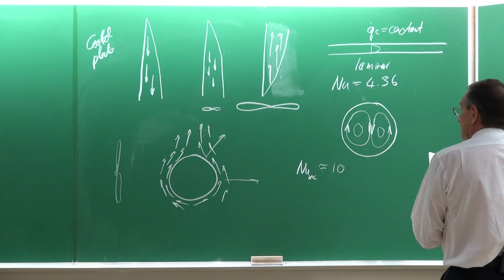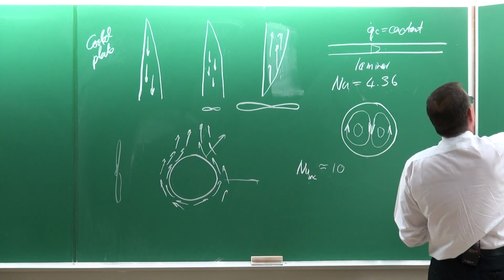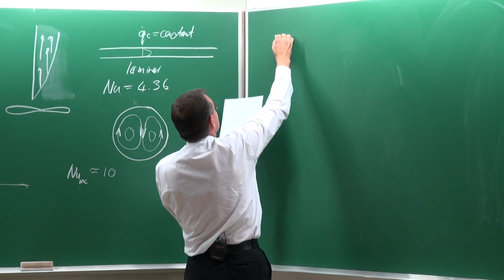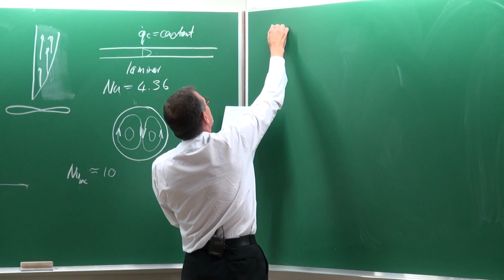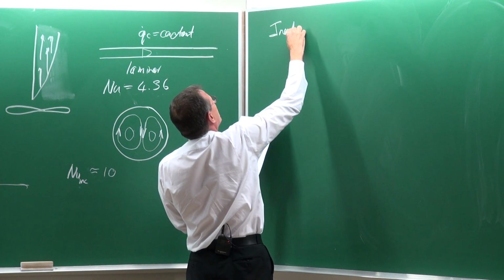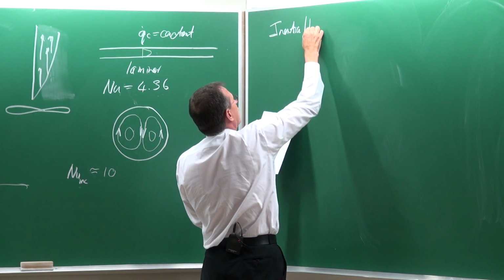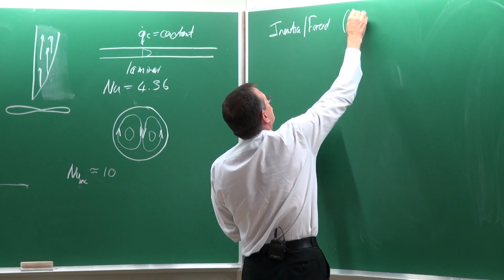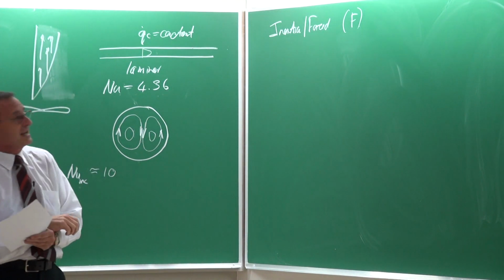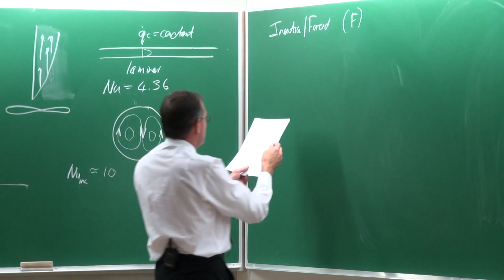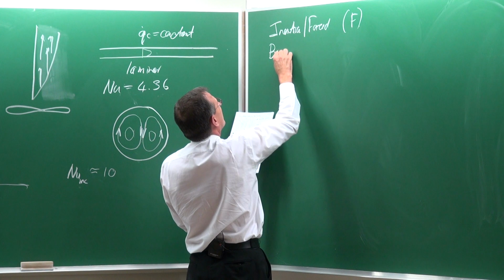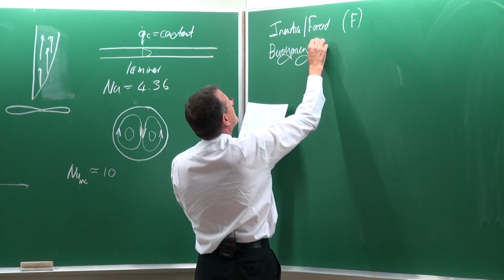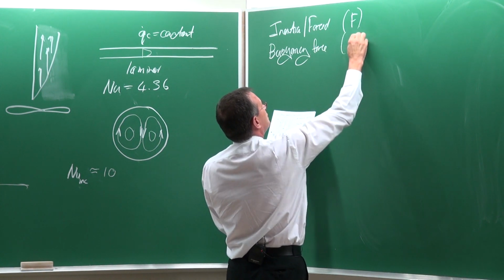So in general, what you can have is the forces, which is, let's call it first, the inertia force, or the forced convection force, and we are going to consider that as an F, and then the buoyancy force, the buoyancy, which is B.